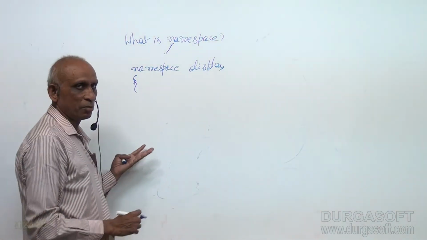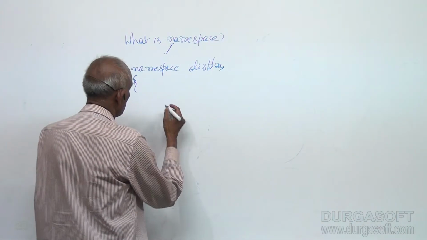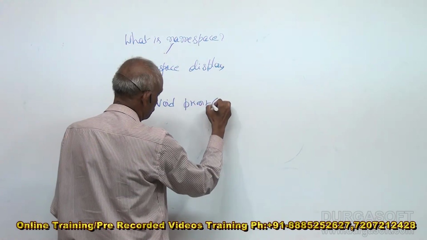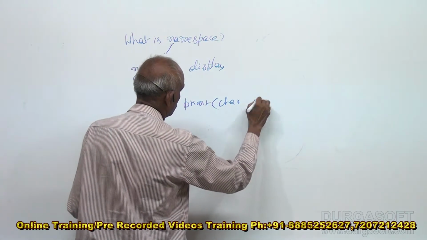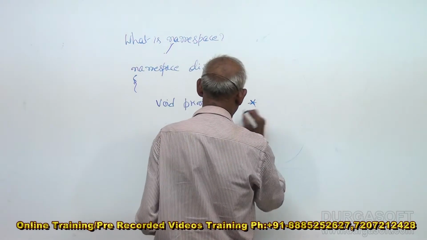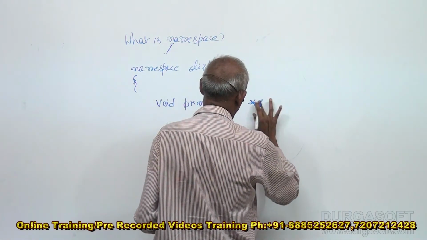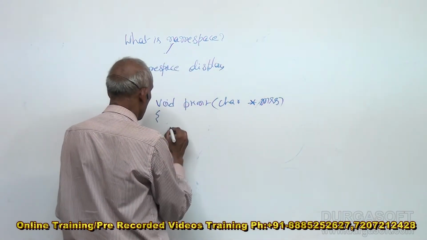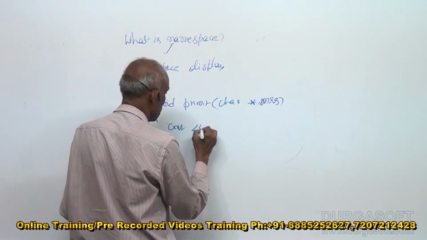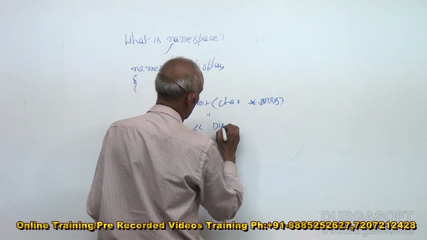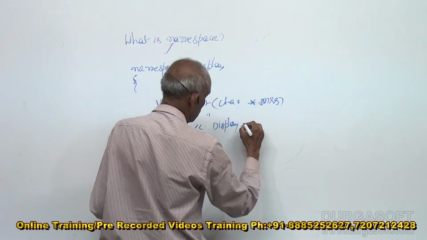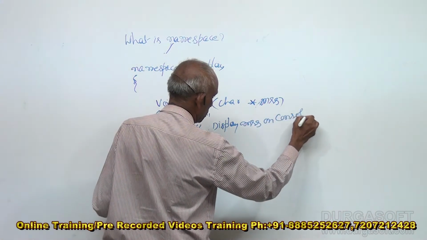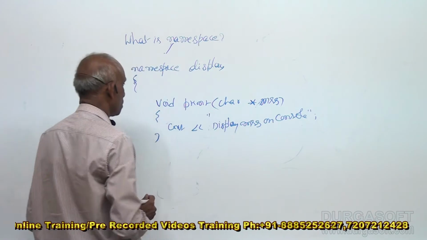There are many functions, but we define what is our interest, that is print. Void print, maybe char star string or message. So what will it do? It will display the message on console. This is the function of the display namespace.